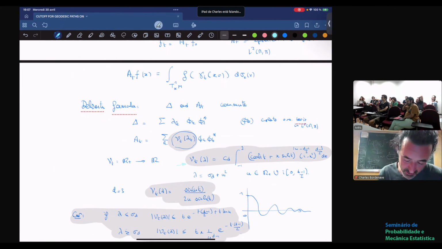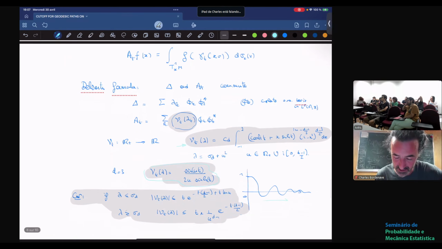In dimension 3 or 5, you can write it. It's a polynomial of this form, so it's pretty neat. But there are phenomena which do not appear in the discrete setting. This sign and this damping factor are not present for graphs. And interestingly, this damping factor, which decays like lambda power t minus 1, is precisely what makes the proof work for a fixed manifold.